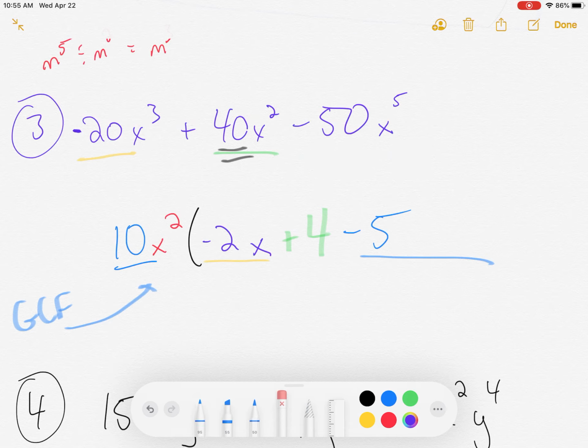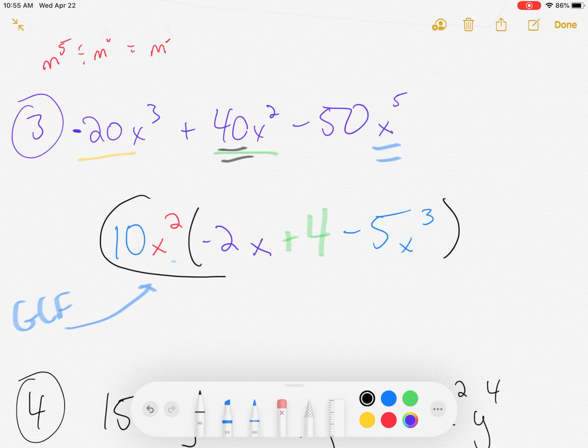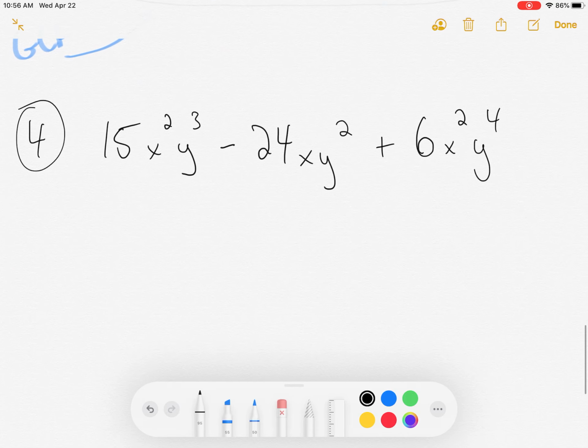So negative 50 divided by 10 is negative 5. Now we're going to do the same thing, but with the variables. So what's x to the fifth divided by x squared? Again, you just subtract the exponent, so 5 minus 2 is x to the third. Close off your parenthesis, and that is your final answer.